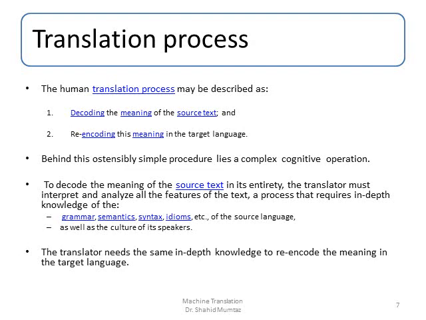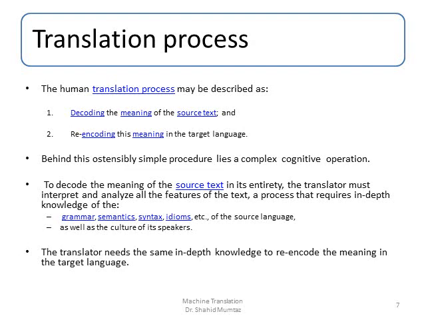Okay, here we have the human translation process. The human translation process may be described in two steps. Number one, decoding the meaning of the source text. First of all, as a translator, you have to decode the meaning of the source text.